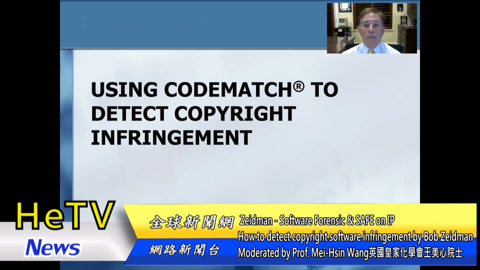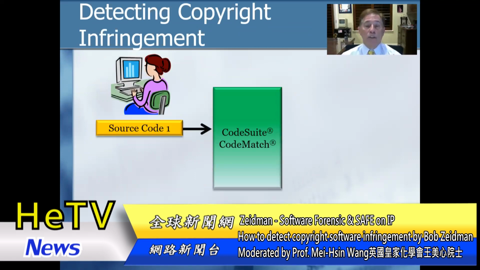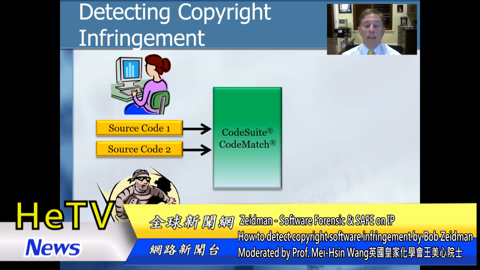So the tool that my company has developed is called CodeSuite. It has many different functions within that suite of tools, and the first one that's used to help determine whether copyright infringement occurred is CodeMatch. To use the CodeMatch function of CodeSuite, you would enter one party's code into the program and another party's code into the program.